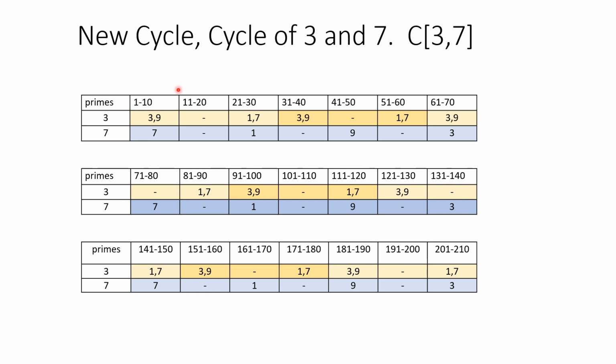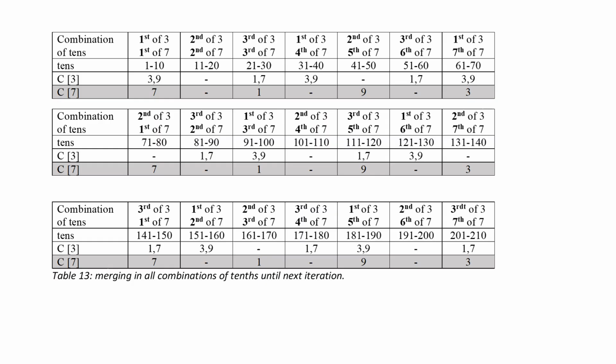So if you see, in the next table we're going to put all the multiples of 3 and all the multiples of 7 together in only one table. So we're going to finish the merging process. Before we put it in one table, I want you to notice that all the combinations are done until 210.